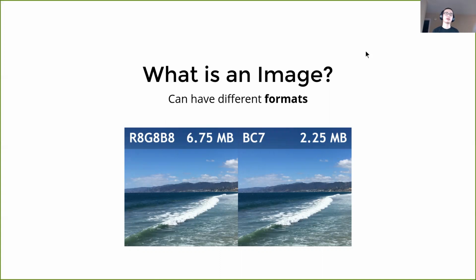Images can have different formats. RGB is what we normally have, but we can also have more performant compressed formats that do not have significant visual quality reduction, and can be faster on the GPU and smaller.